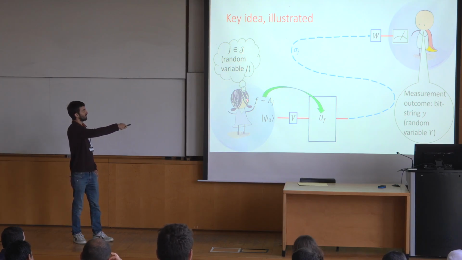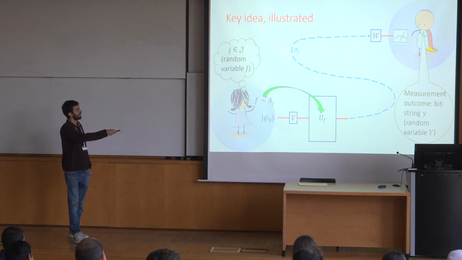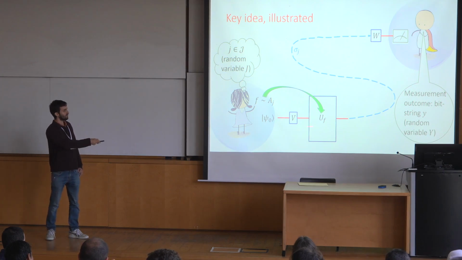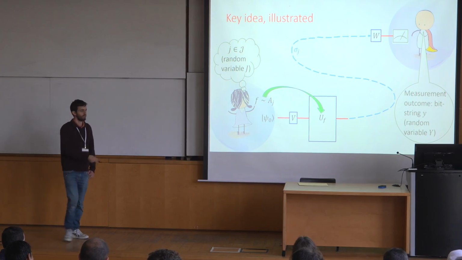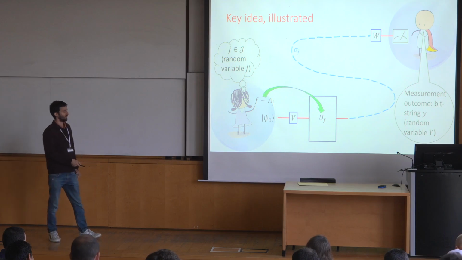So Alice draws a random element small j, then she draws a random f out of the class A_j, and then she does the first three parts of the algorithm. So she prepares psi naught, she does V, and then she performs the query U_f.